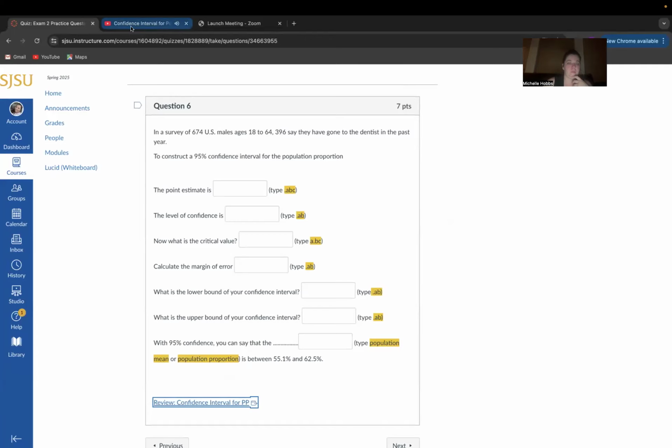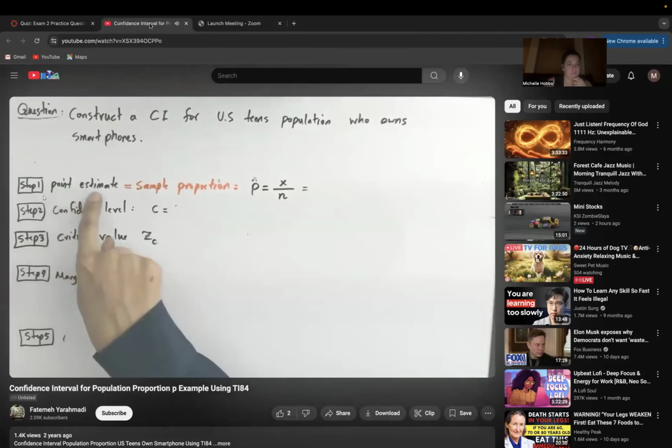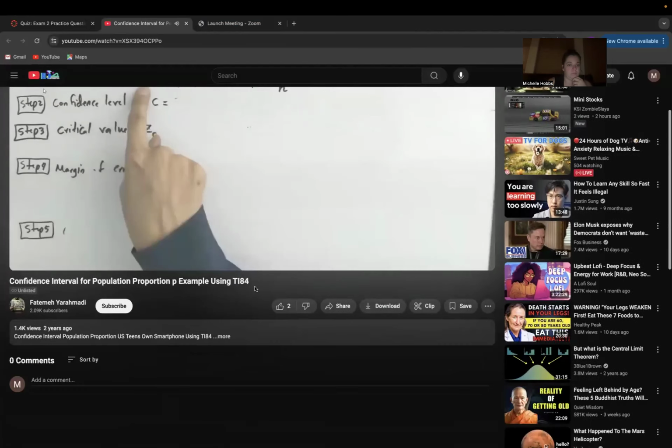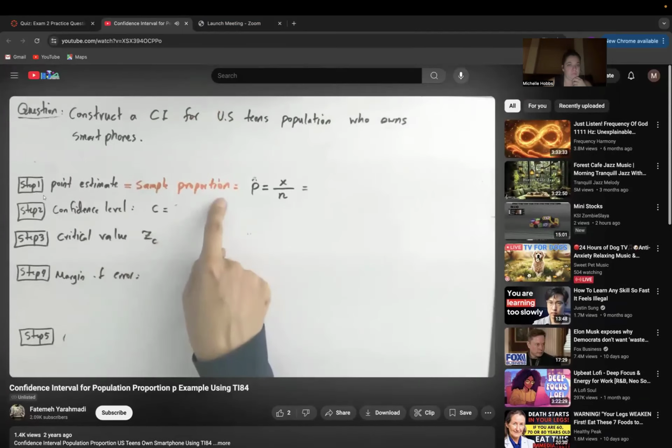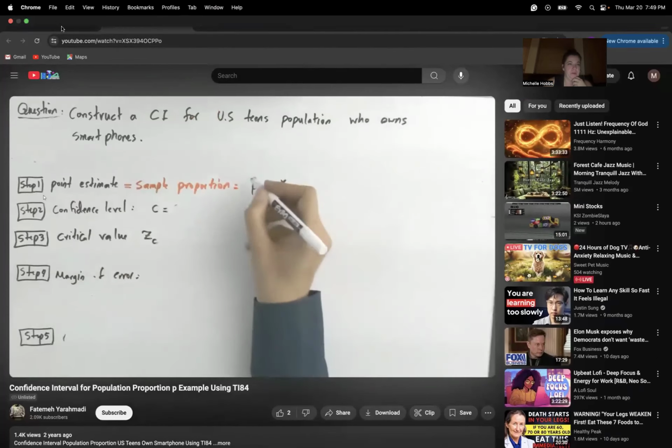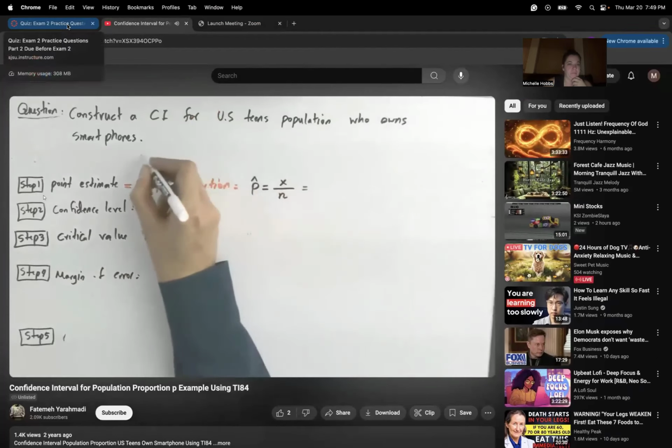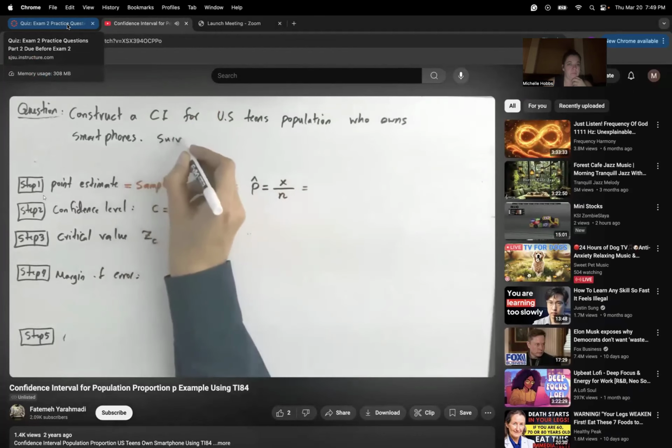Okay, very good. We are the statistician here in this role. In the very first step, we're going to find the point estimate, which is the sample proportion.